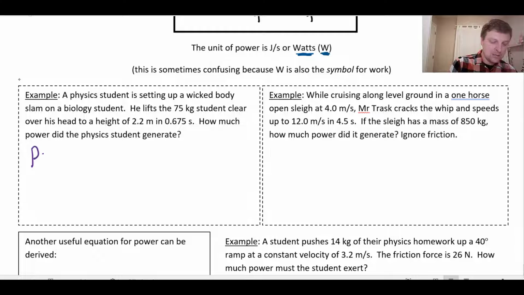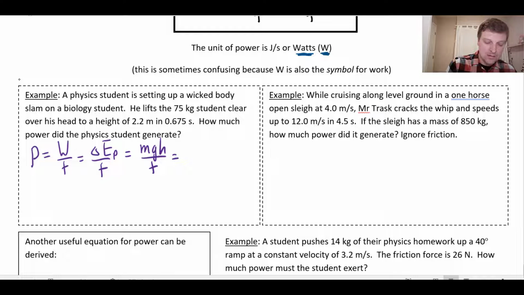So power, as we said, is work over time, which we know is really just a change in energy over time. Now, if you're lifting somebody up over your head, the work that's being done would be a change in potential energy because you're lifting something up against gravity. So in this case, this would just equal mgh divided by t.